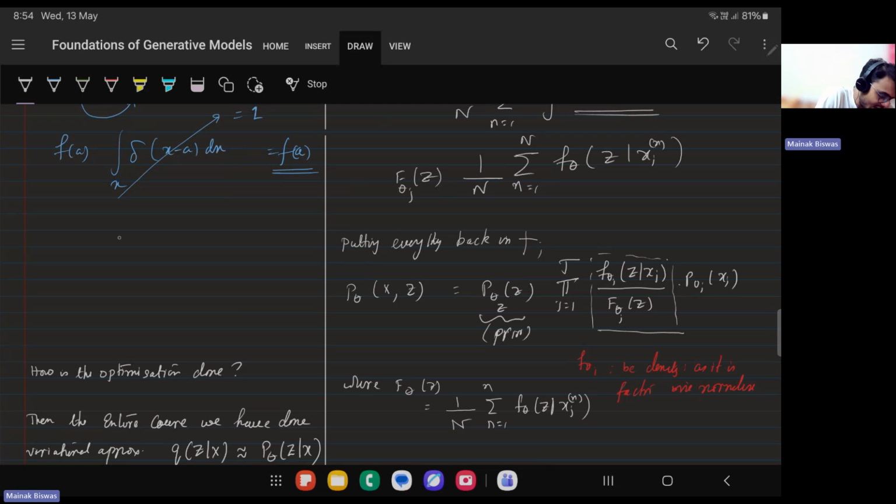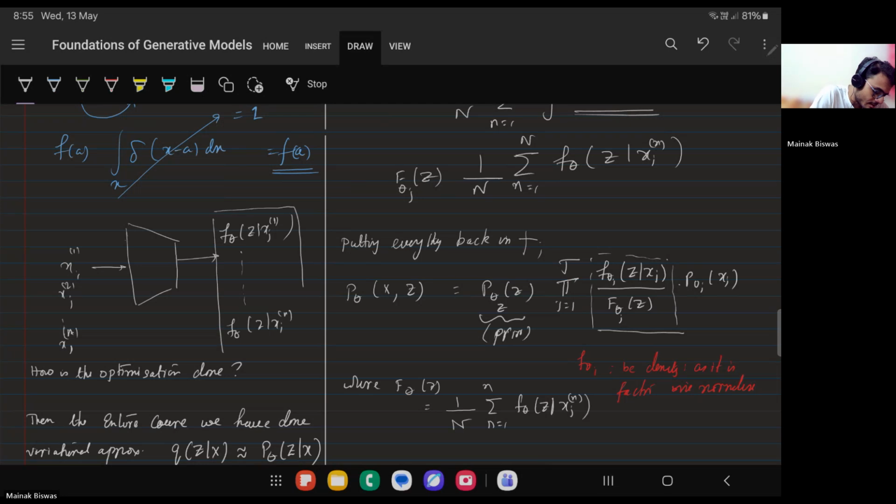So it's like saying I will have a network, and for each factor, I will compute the values for all the data points. I'll get f theta z xj1 through f theta z xjn, and I will average these to get f theta z, right?